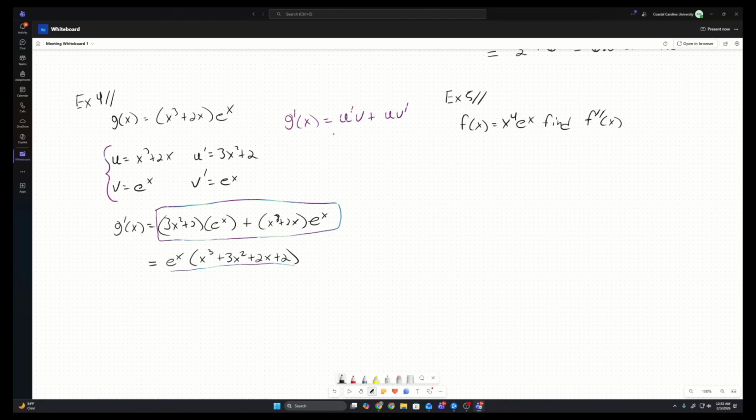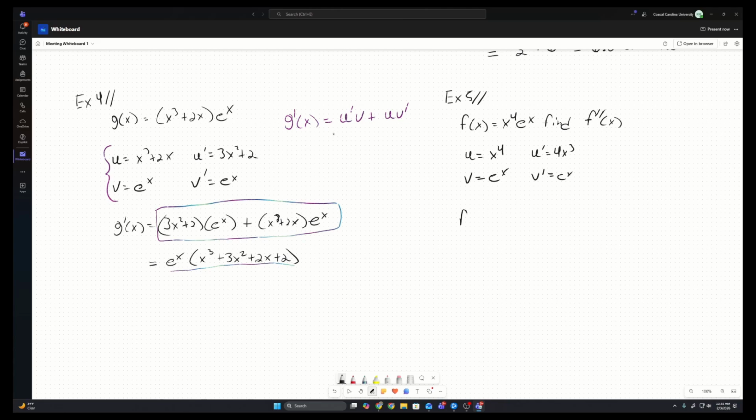So if I have x to the 4th, that's my u. V is e to the x. So v prime is the same thing. U prime, however, is 4x to the 3rd.